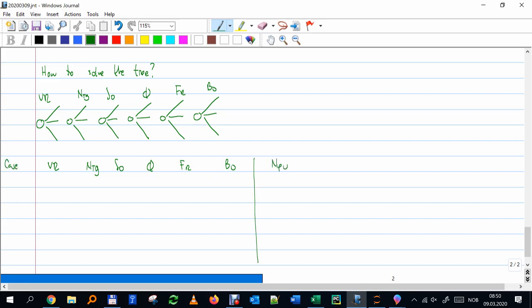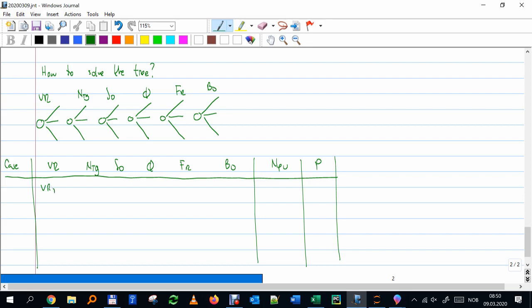Here I write case, or maybe write case or path. Okay, NPV and probability associated with that case. So this will be, for example, RV1, NTG1, SO1, phi1, RF1 and BO1. With all of that input, you calculate NPV.